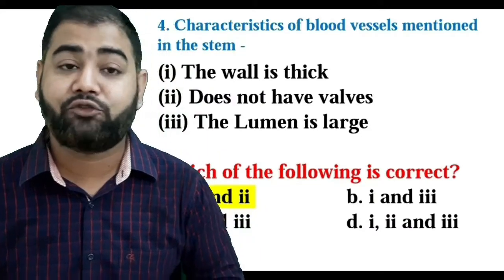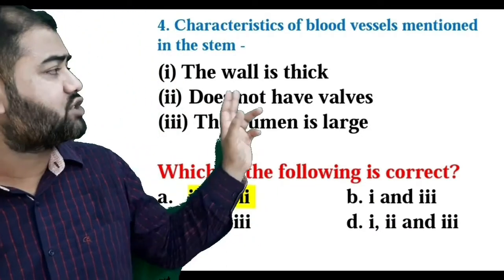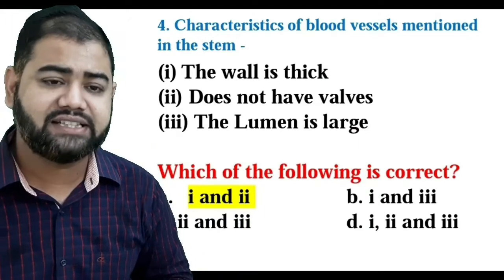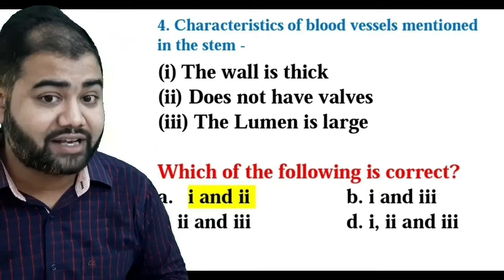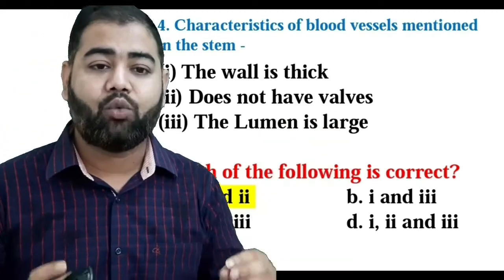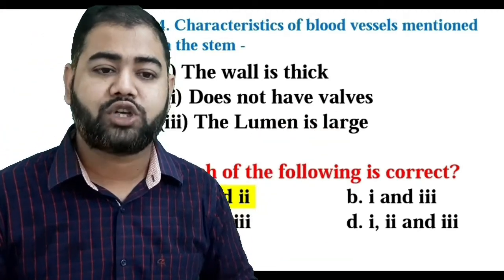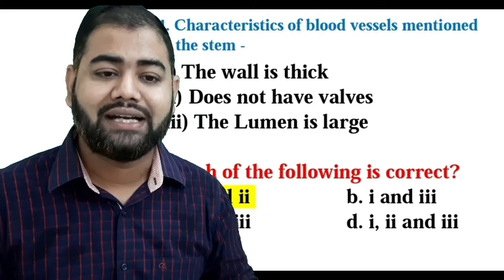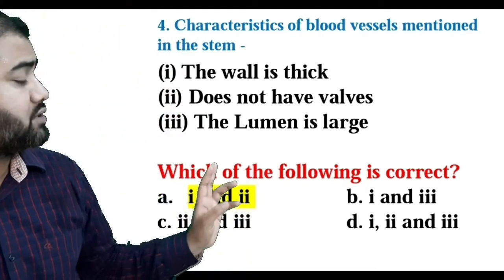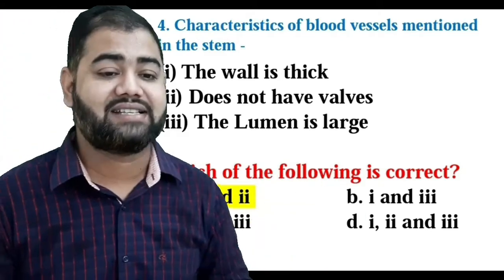Question number 4: characteristics of blood vessels mentioned in the stem. I repeat, characteristics of blood vessels mentioned in the stem. Option 1, the wall is thick; option 2, does not have any valves; and option 3, the lumen is large.